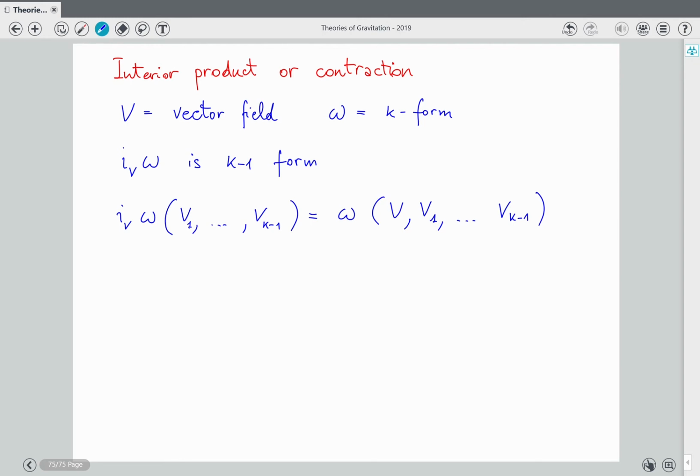For example, in local coordinates, we have omega equal to something like omega_{a1...ak} dx^{a1} ... dx^{ak}, and the wedge is understood.